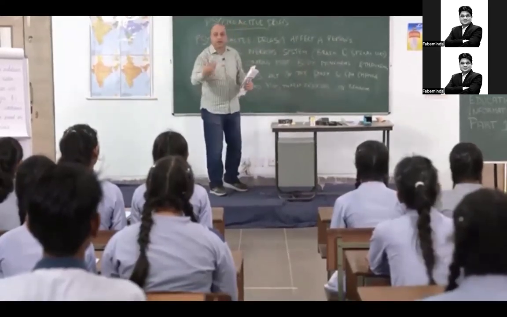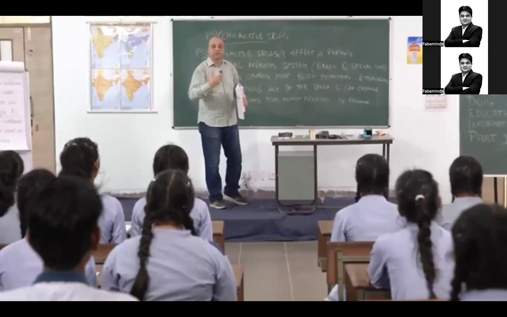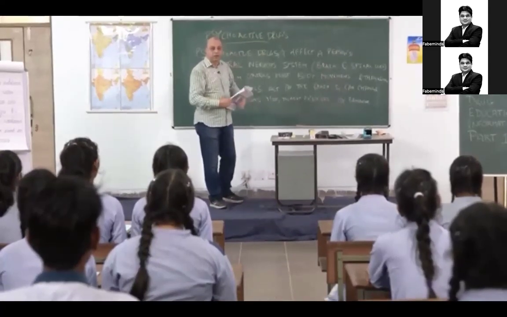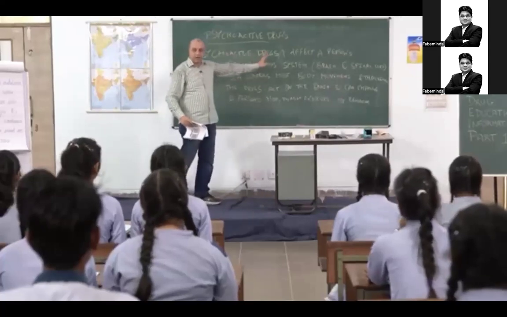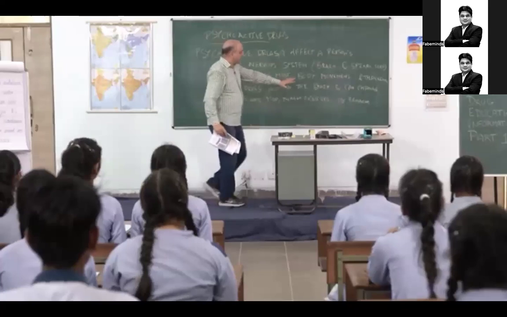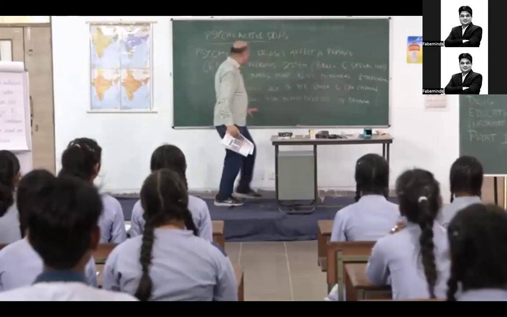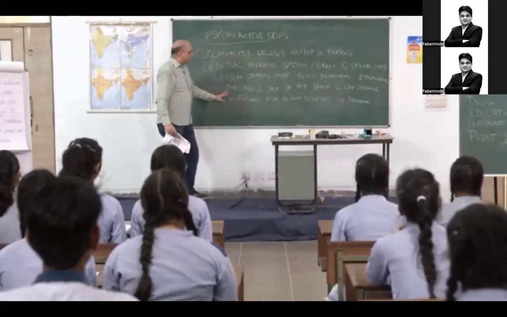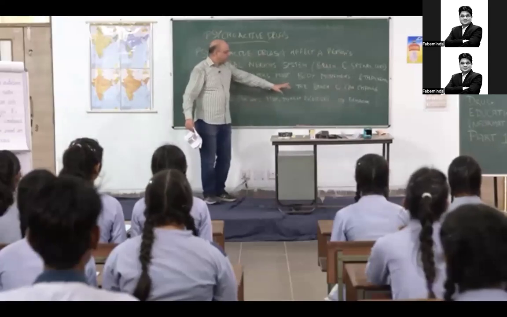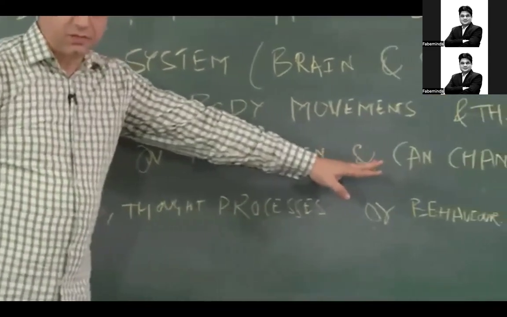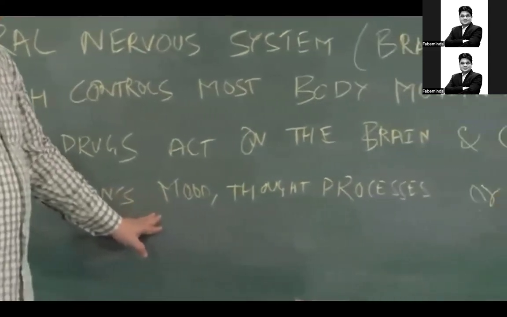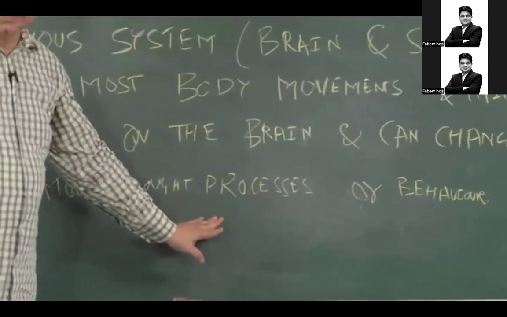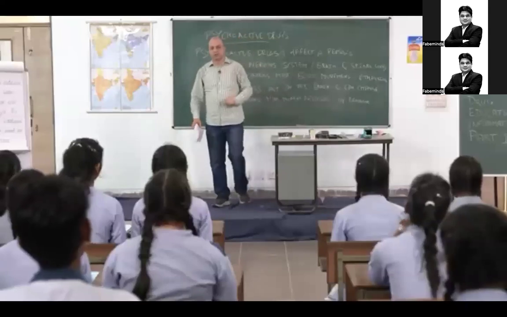Whatever movements we make, even the expressions that we make, are controlled by our central nervous system comprising our brain and the spinal cord. And thinking. The drugs act on the brain and can change a person's mood, thought processes, or behavior, our actions.